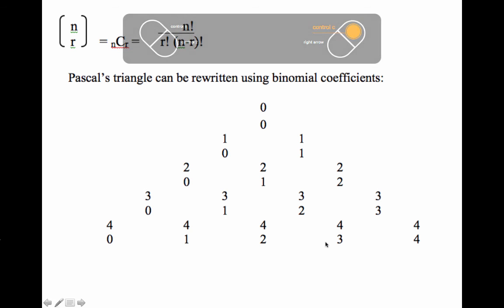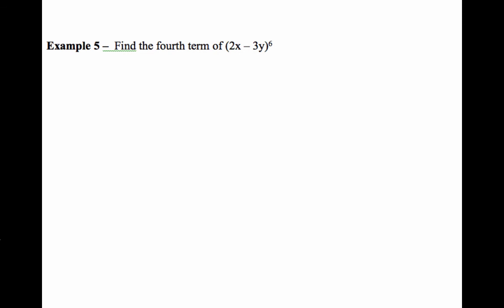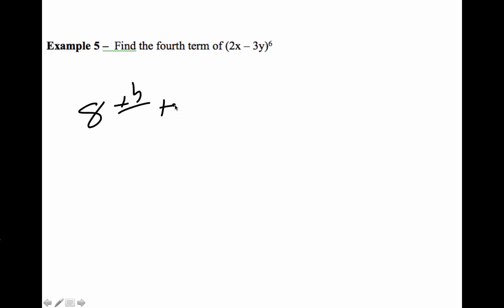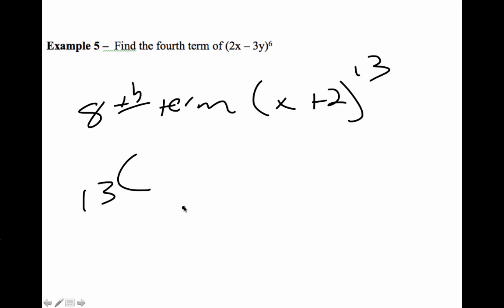So when we go to something like this, you're going to get one in your homework that's going to say, find me the 8th term of, and I'll just do an easy one, x plus 2 to the 13th. Well, if you're going 8th term, and we start counting with 0, then I'm going to need 13c.